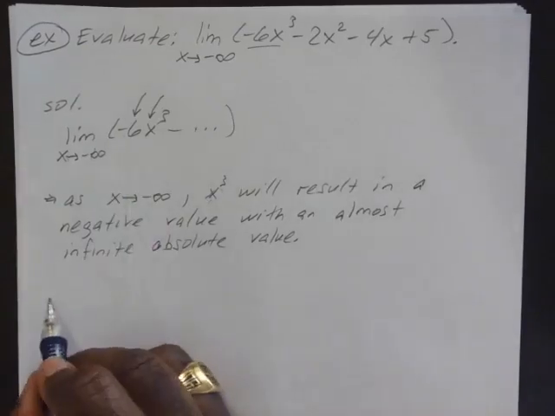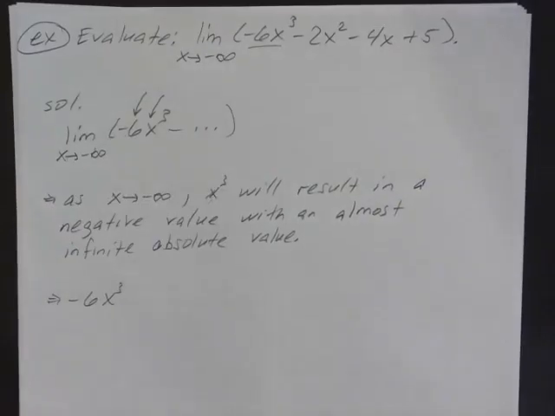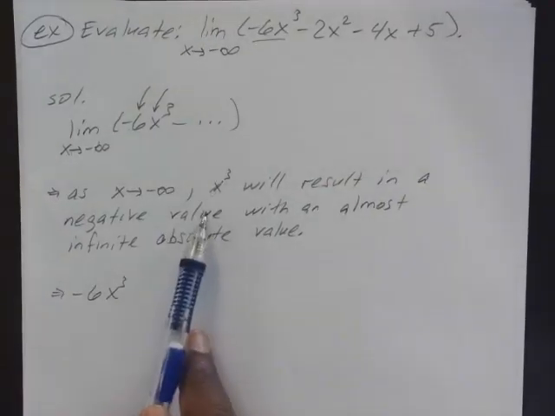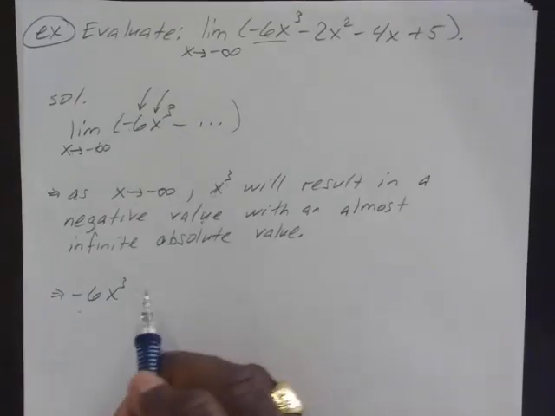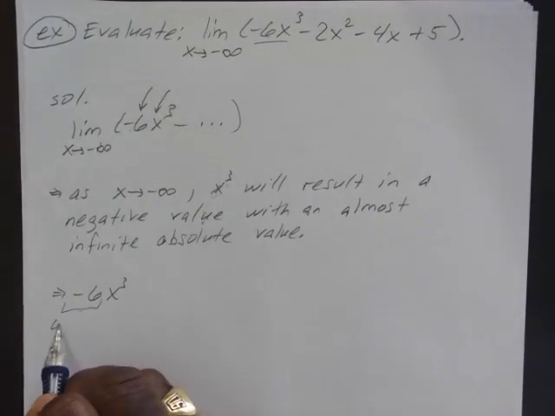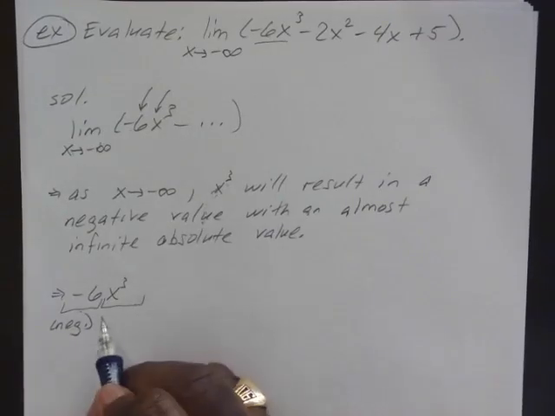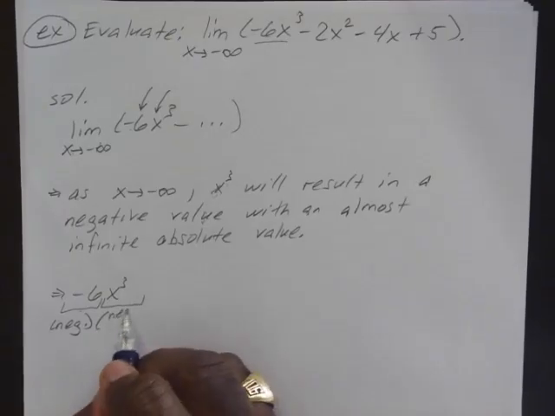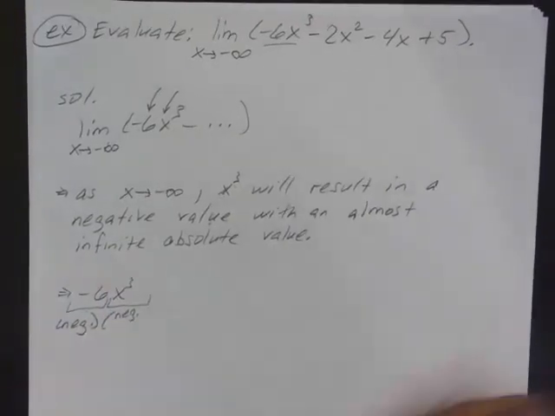Okay. So that means if we have negative 6 times x to the third power, you just have that negative value with a large absolute value multiplied by negative 6. So here you just have a negative number times a negative number. I'll say number, I don't want to use value over and over again.